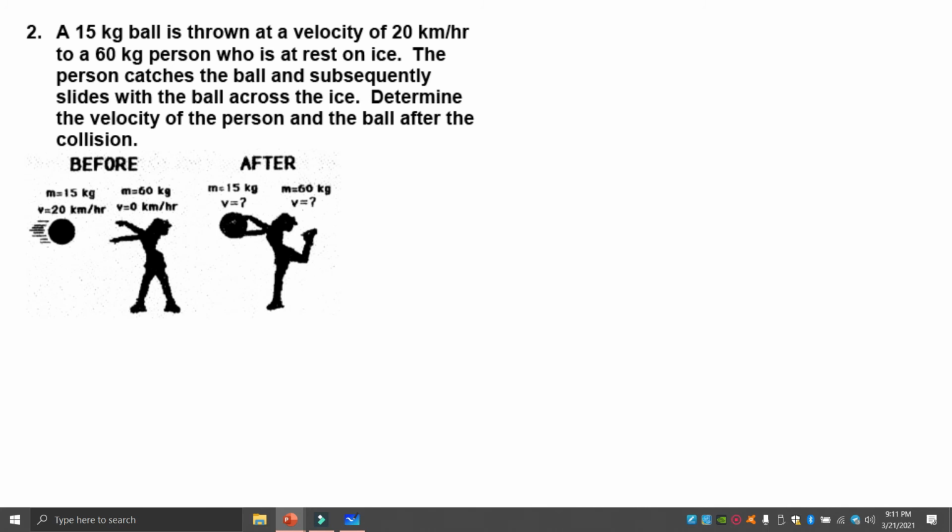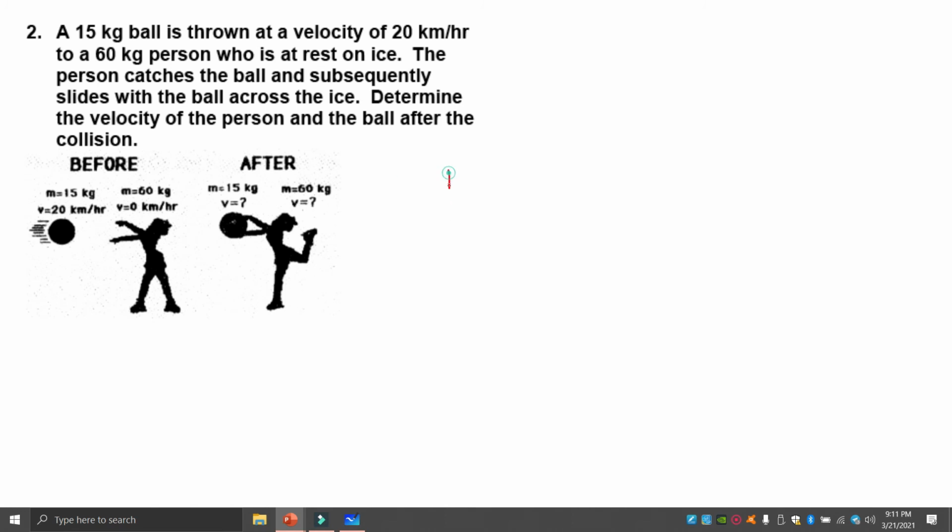So the ball is thrown to the girl, who has a 60 kg mass. And after she catches the ball, she moves along with the ball. So this one is actually inelastic, right?